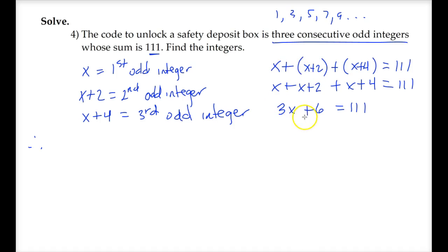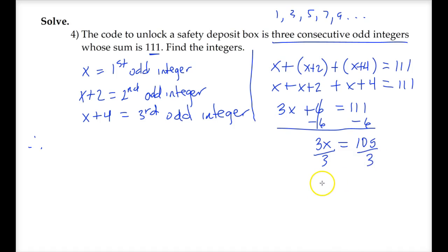Okay. And so now from there, we just solve this like any regular linear equation. We subtract 6 from both sides. That cancels to 0, and then we just have 3x on the left side. And of course, we have 105 on the right side. And then from there, to find out what x is going to be, we just divide both sides by 3. Of course, that reduces to 1 and just gives us x on the left.